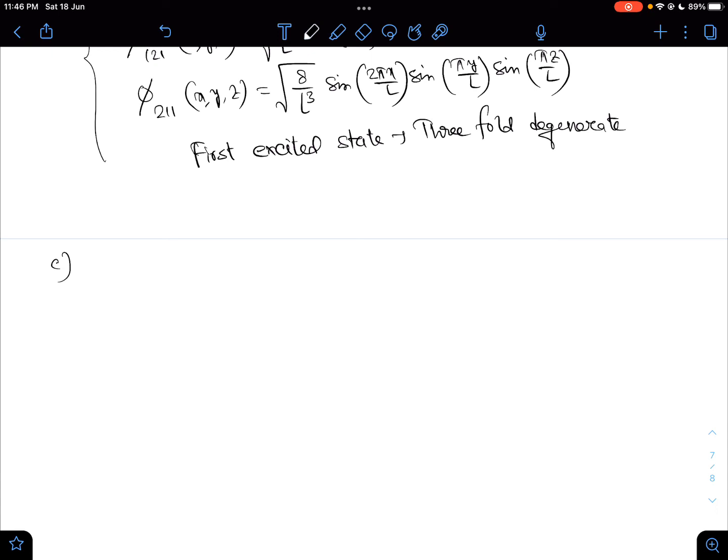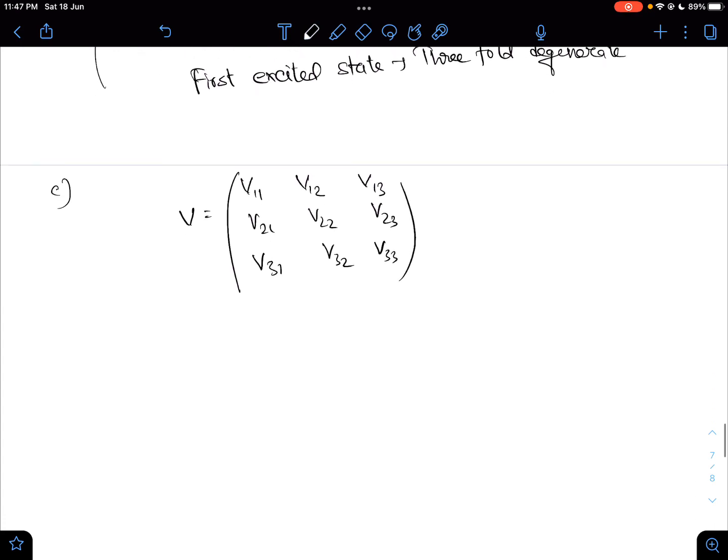For that we need to find the following matrix, as we did for the previous problem: V11, V12, V13. This is the matrix which we have to find out, and we have to find its eigenvalues.